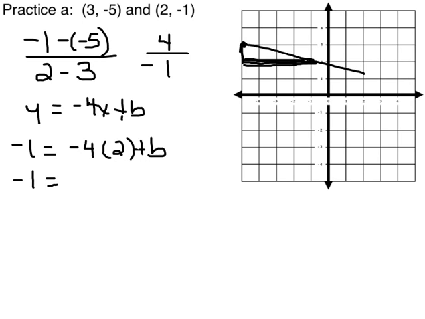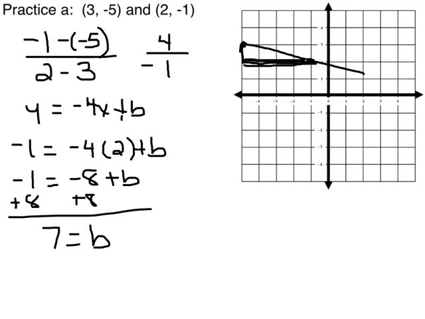Negative 1 equals negative 8 plus b. Now I'm going to add 8 to both sides. And I find that b is going to be equal to 7. So the equation of this line that passes through these 2 points is y equals negative 4x plus 7.